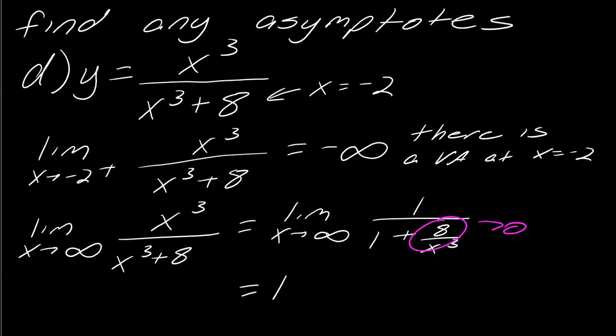So this whole thing equals 1. Because this equals a number, that means that there is a horizontal asymptote at y equals 1. And you'll get the same value if you went to negative infinity, so I'm going to omit that.